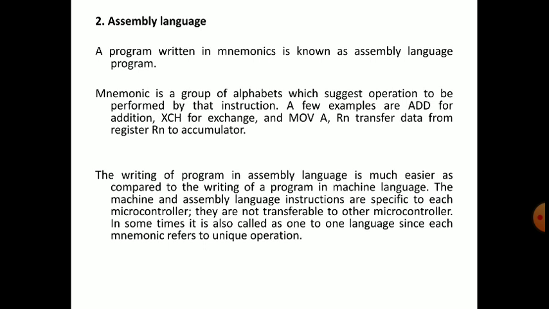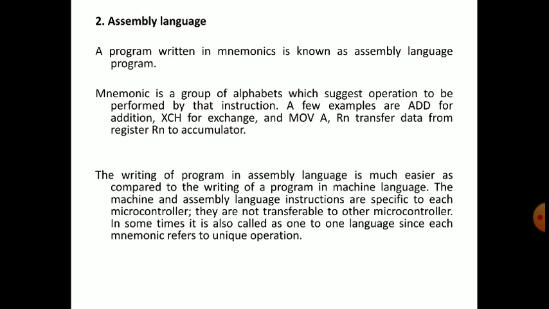Now the third point: writing a program in assembly language is much easier compared to writing a program in machine language. In machine language we use only two digits, 0 or 1, and with only those two digits we cannot remember the entire instruction in binary data, and cannot reproduce it without errors.